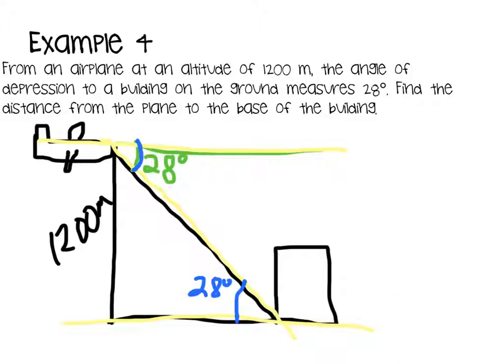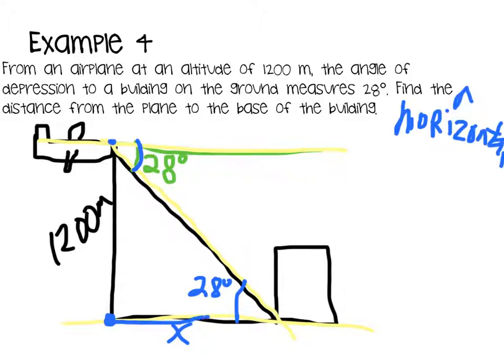Now our question asks us to find the distance from the plane to the base of the building. We need to find the horizontal distance. That's a word that should be added in there. The horizontal distance. So we want to know how far it is from the tip of the plane to the base of the building if the plane was on the ground.